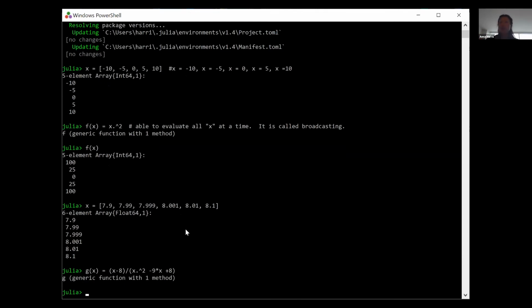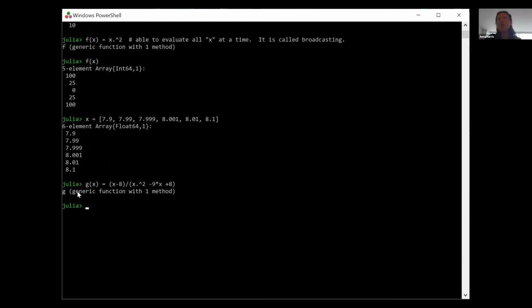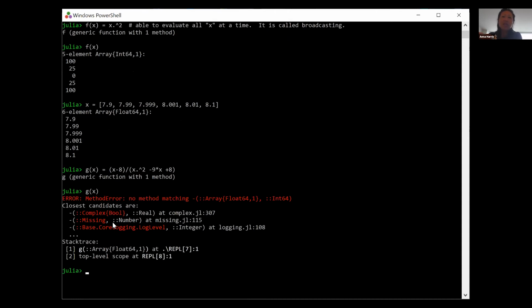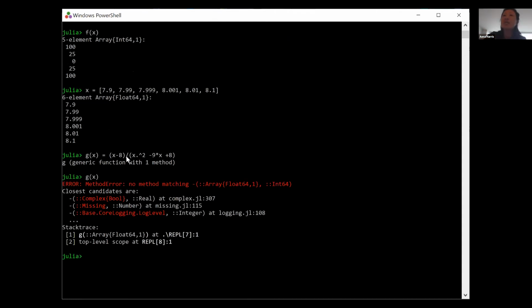This function has one variable, one method, which is you taking on the x. So if I want to, I can calculate all of them at the same time by calling g of x. Hopefully it does work. If it doesn't, it's because it's not just a simple calculation, but I have x's and other things.